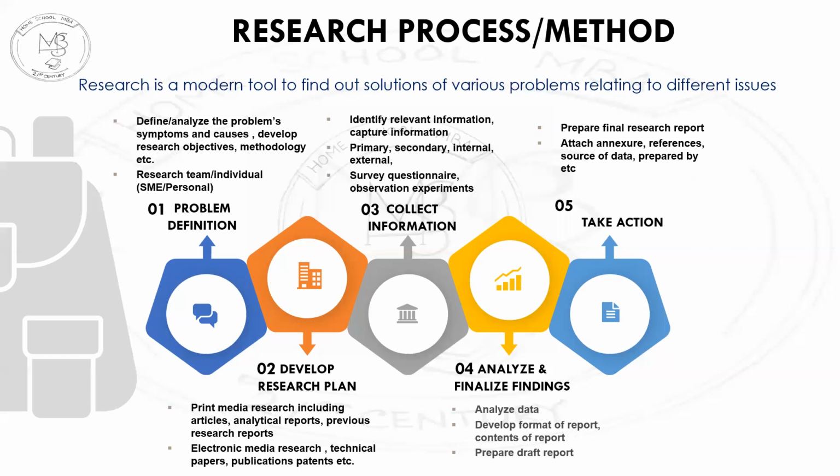And then we go to step number two, that is, develop research plan. Now, how are we going to go about it? First, we are going to see what is given in the print media.